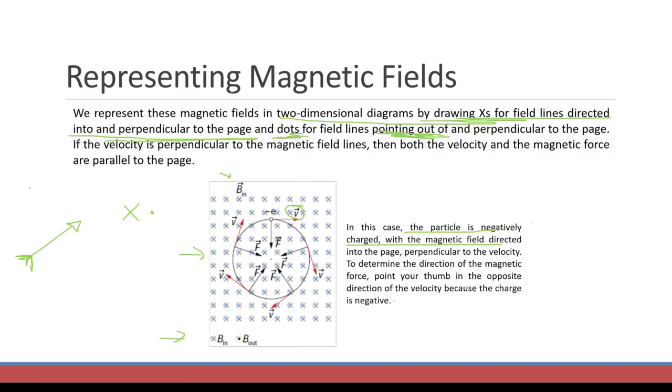So if you notice, our right hand rule still applies for this diagram. If we took this v and a B of in, because the X is in, remember, away, we point our fingers into the page, and then we choose this velocity vector.